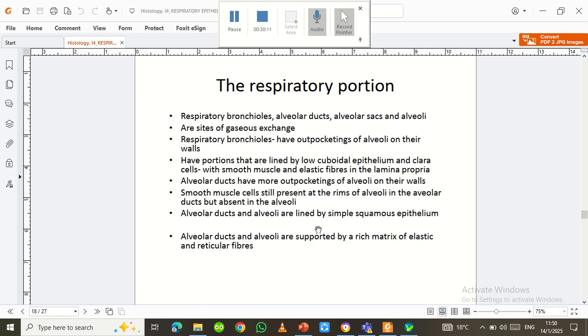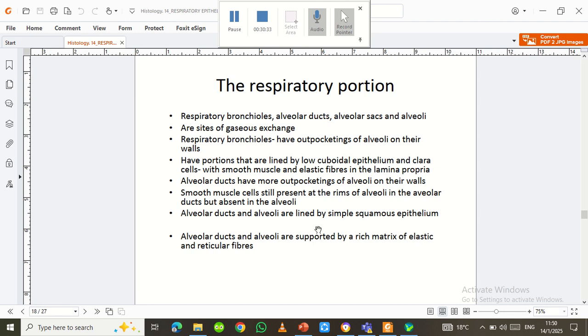What will be found in the lamina propria? Definitely your smooth muscle, your rich reticular fibers, and your rich elastic fibers. Why are these prominent? Because you need the mechanism of recoil of the lung, and this is brought about by elastic fibers.